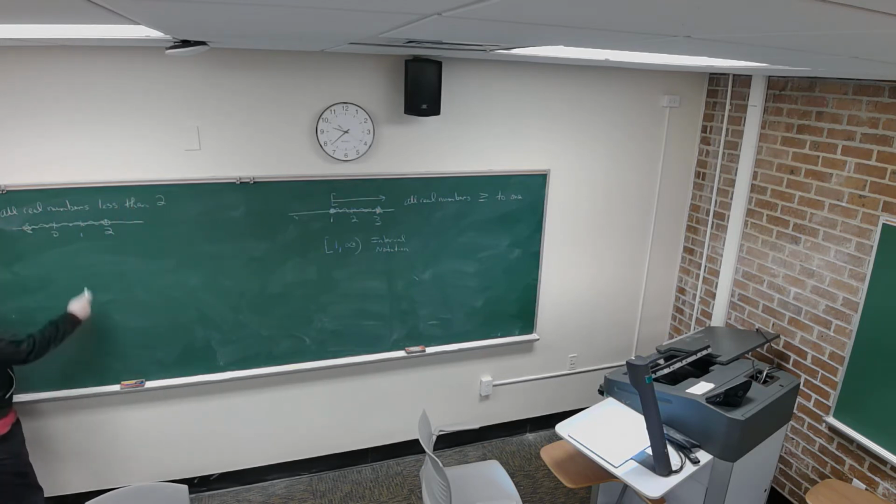And so in place of the open circle on the right end, we have a right parentheses, and everything shaded to the left. So there's no minimum number in our set. So in interval notation, what goes in the first location is minus infinity. Minus infinity is what we use to represent no minimum number. And then on the right end of our interval, that goes up to 2. And since we're not including 2, we enclose it with a right parentheses.